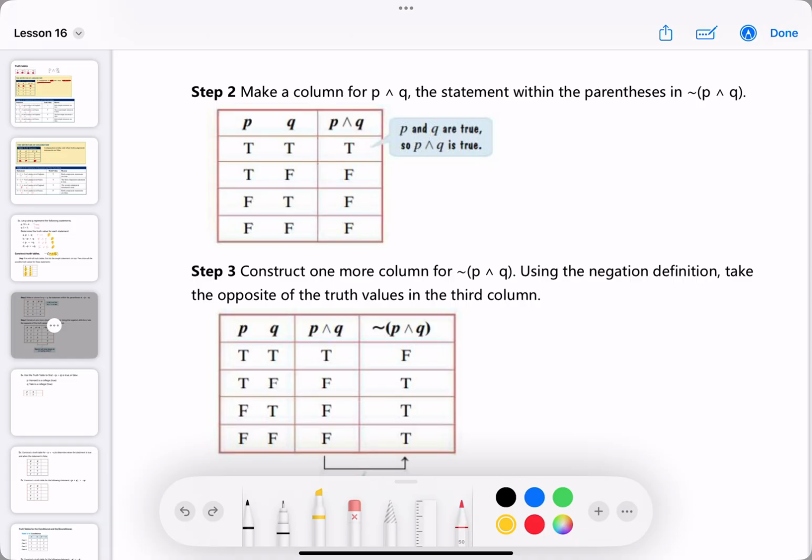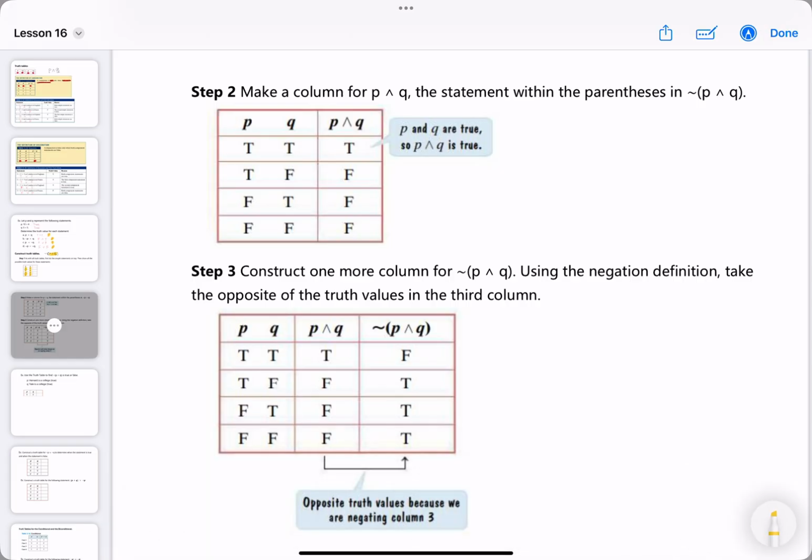For the statement with the parentheses, not (P and Q): when P and Q are both true, P and Q is true. When P is true and Q is false, the conjunction is false. When P is false and Q is true, P and Q is false. When both statements are false, the conjunction is false.